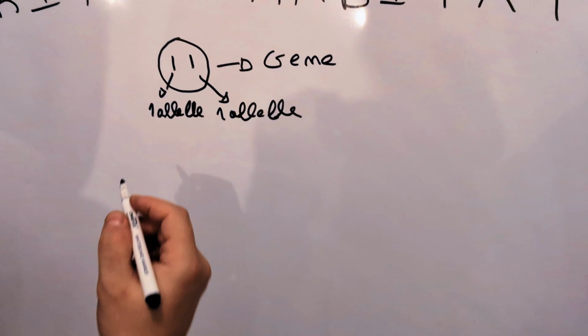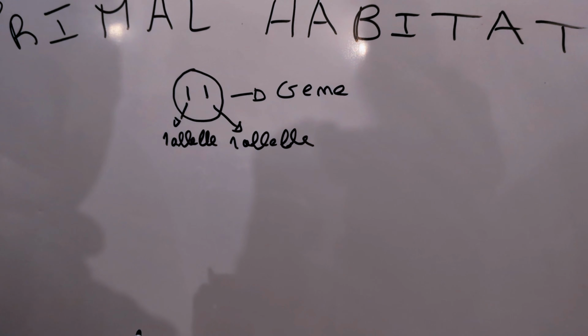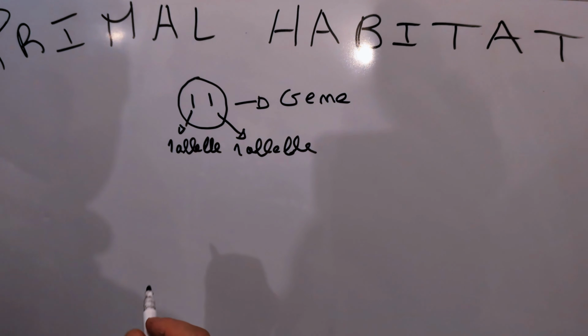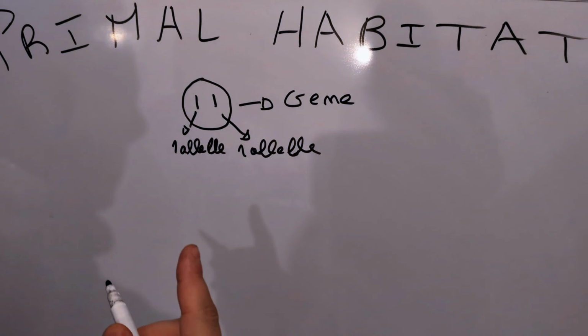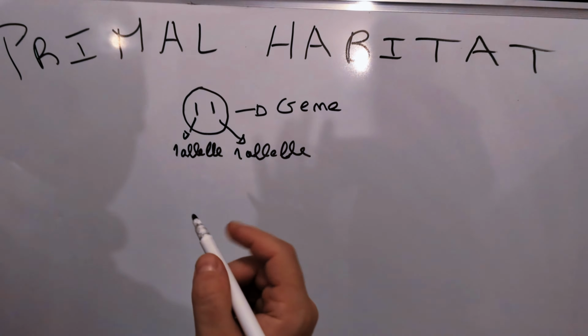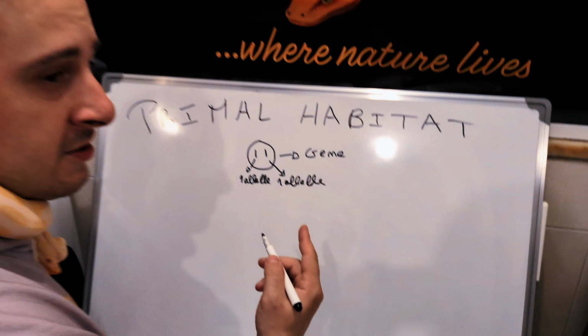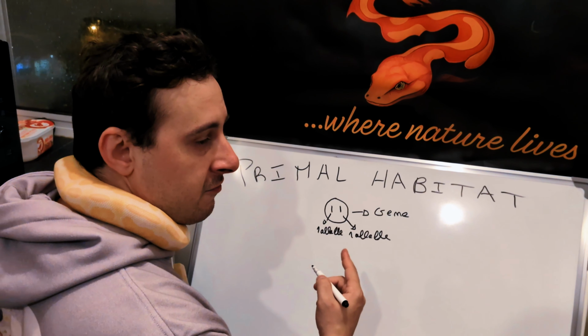So, every ball python, when passing their genes to their offspring, they will pass one allele for each gene they have. So, if a python has like 2 or 3 genes, they will pass one allele for each gene.